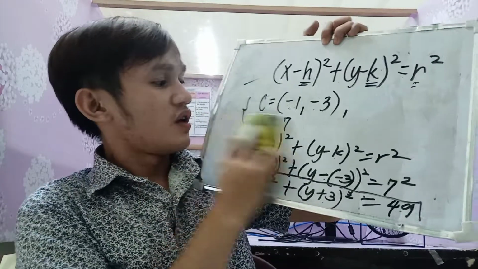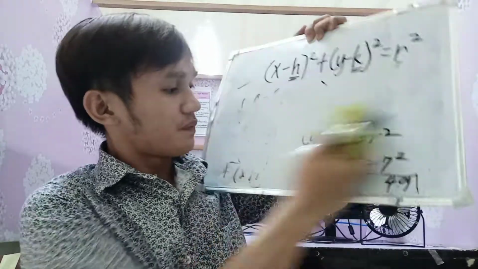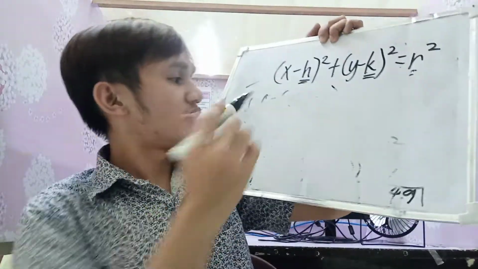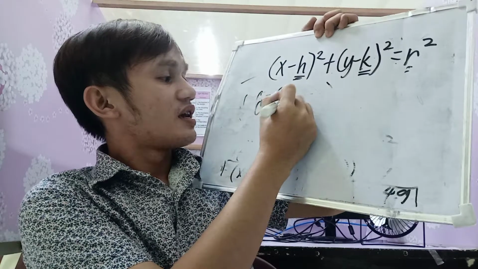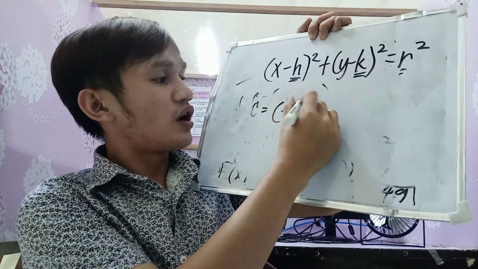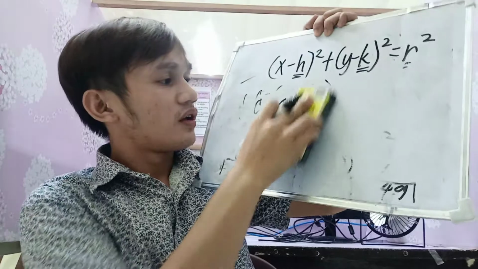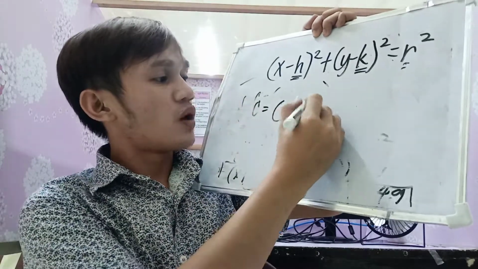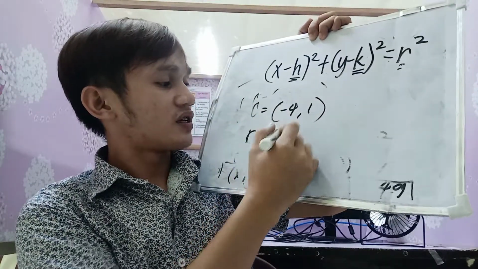Another, even without writing, let us try. Let us say the center is (−4, −1), and your radius is 6.